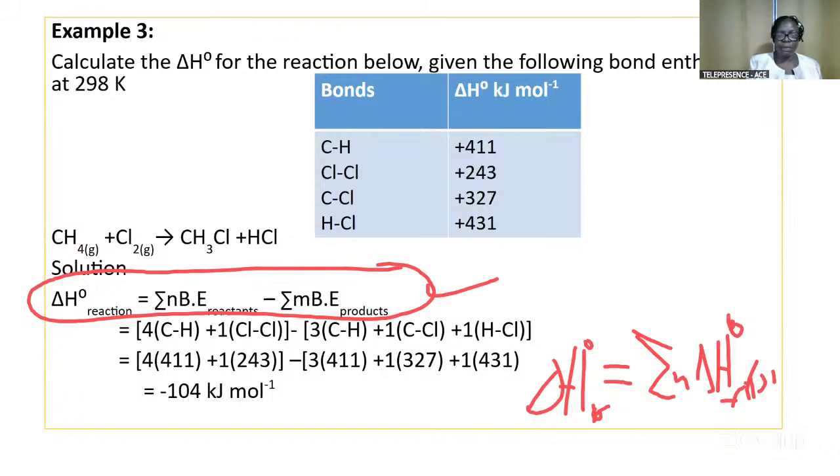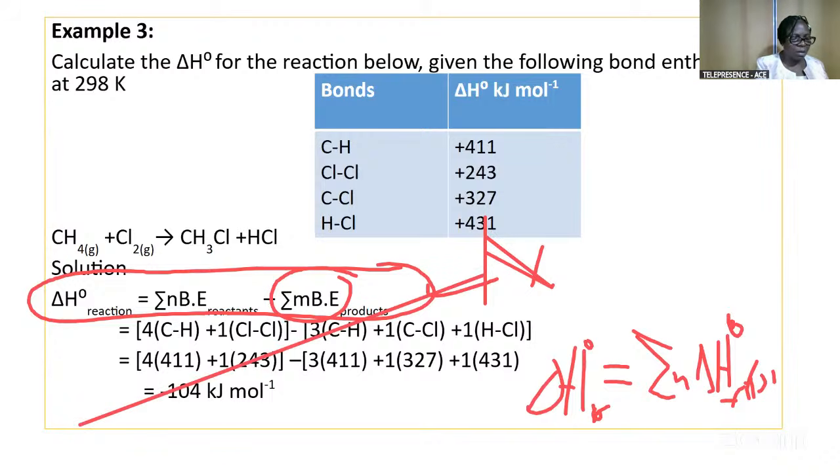But when you are dealing with bond energies, you will have to take away the summation of the bond energies of all the products from the summation of the bond energies of all the reactants. And I explained this to you earlier on, that when you are breaking a bond, energy is absorbed because you have to put in energy. So that changes the sign, and that is why this equation has this reversed approach.